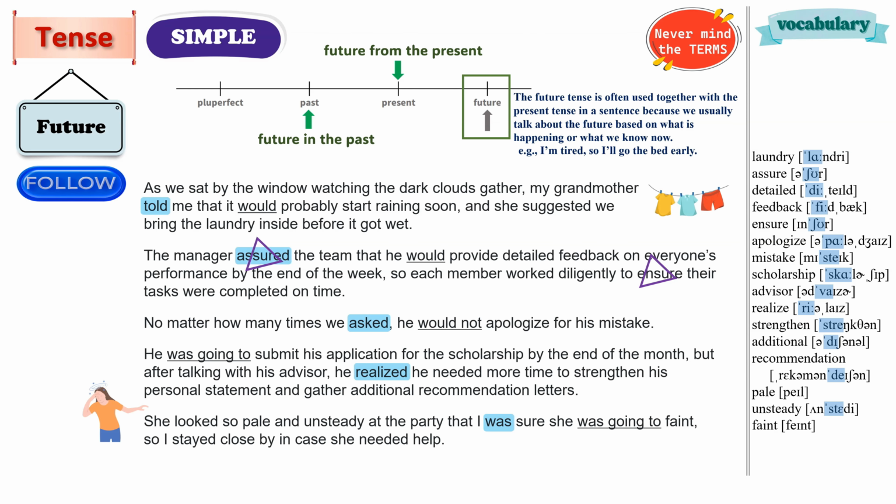No matter how many times we asked, he would not apologize for his mistake. He was going to submit his application for the scholarship by the end of the month, but after talking with his advisor, he realized he needed more time to strengthen his personal statement and gather additional recommendation letters. She looked so pale and unsteady at the party that I was sure she was going to faint, so I stayed close by in case she needed help.